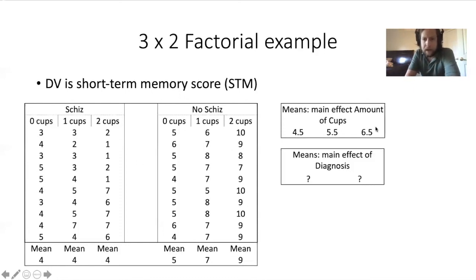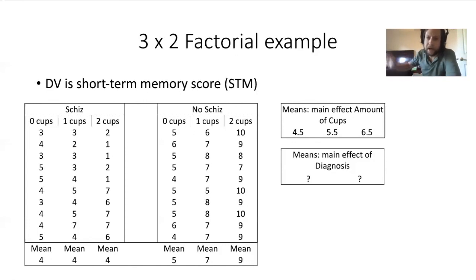And so right here, I've calculated the means which are compared for the main effect. Remember when I said when we're calculating a main effect, we're comparing the means of one factor while completely ignoring the other factor. So if we're interested in the main effect of cups of coffee, then we care about the means for the 3 cups of coffee conditions, but we don't care at all about whether those individuals have schizophrenia or not.